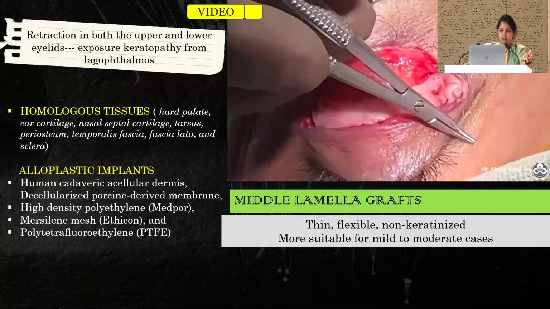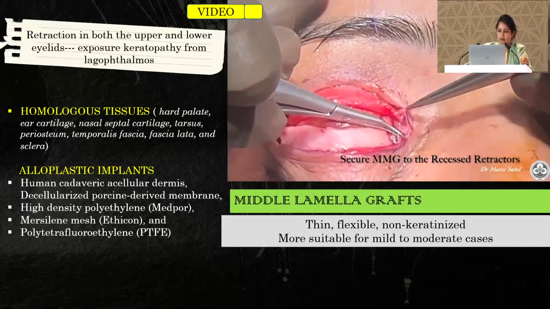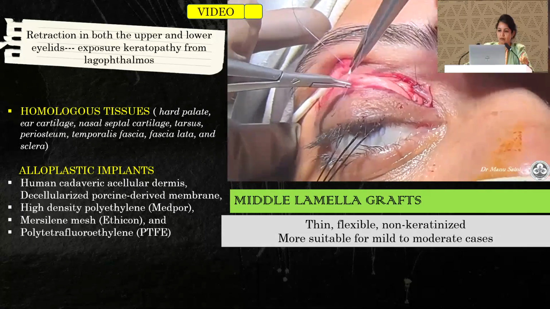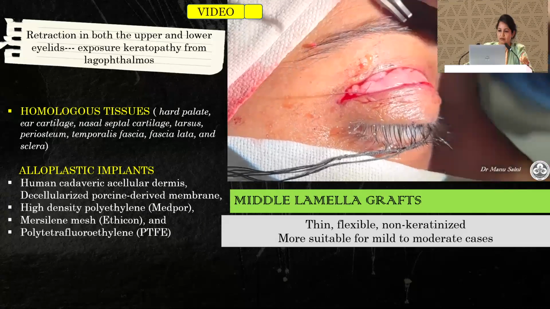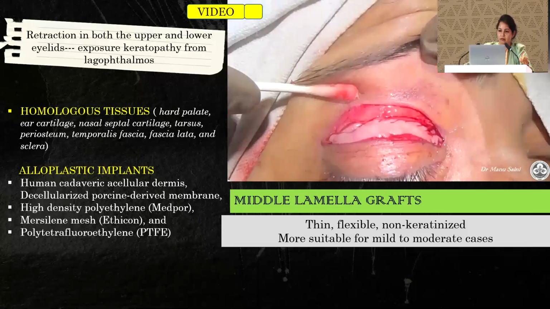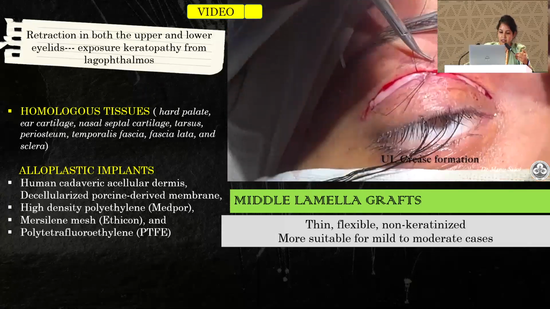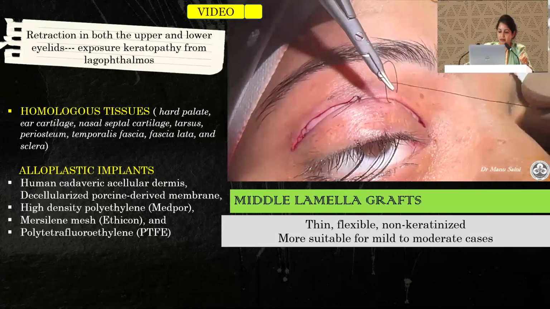The graft should be uniform in width. And finally, lid closure after passing a bite through MMG, which will provide a lid crease.